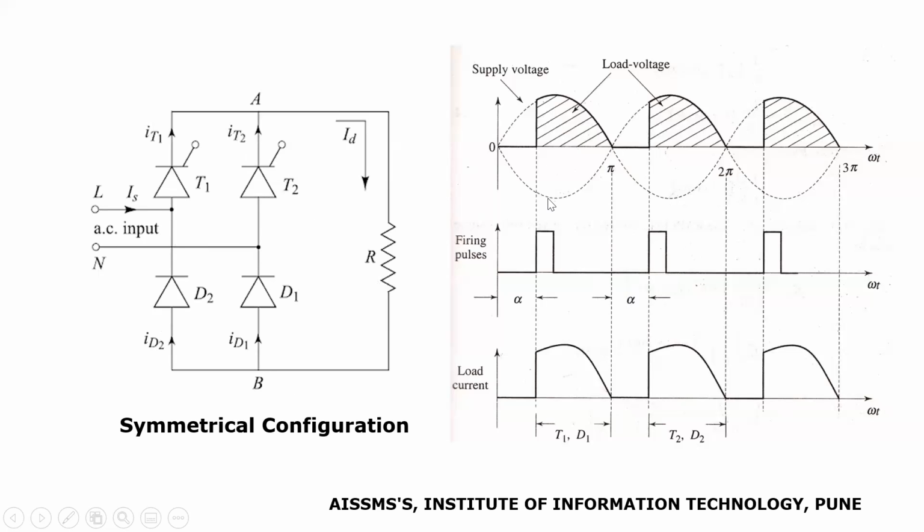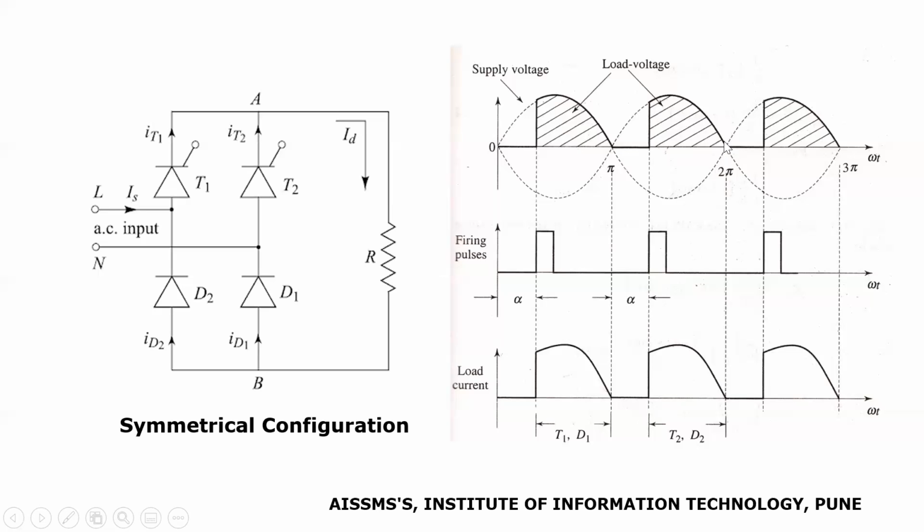So again, during this operation, the load current flowing through the resistive load is positive and the voltage appearing across the load is again positive. This positive voltage is shown here by the shaded waveform and the positive current is shown here.